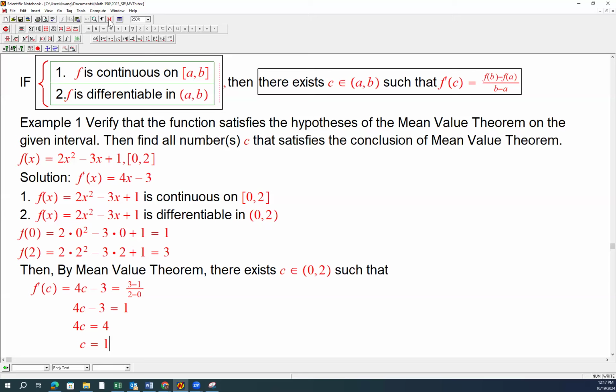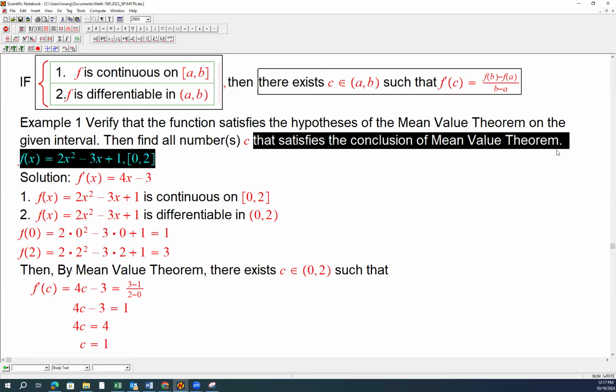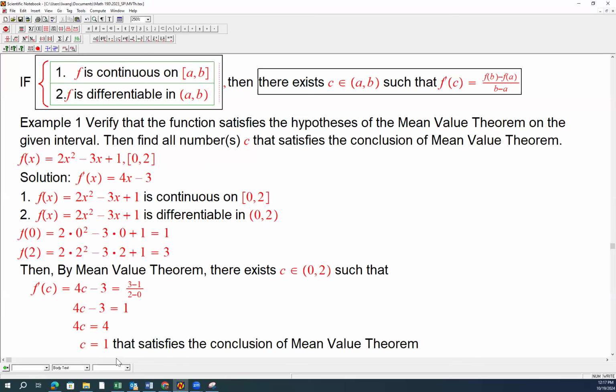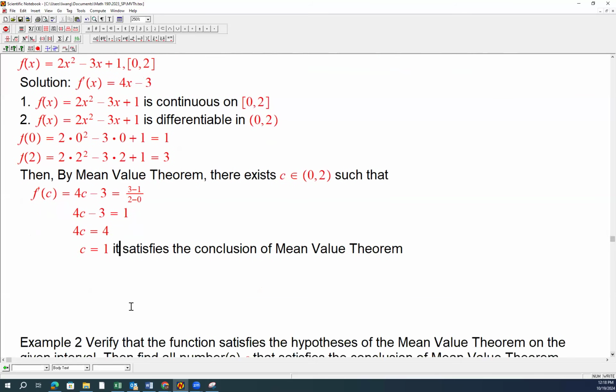So we found it. This number satisfies the conclusion of the mean value theorem. All right, so that's it.